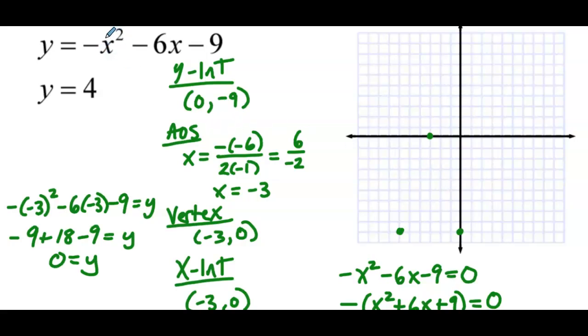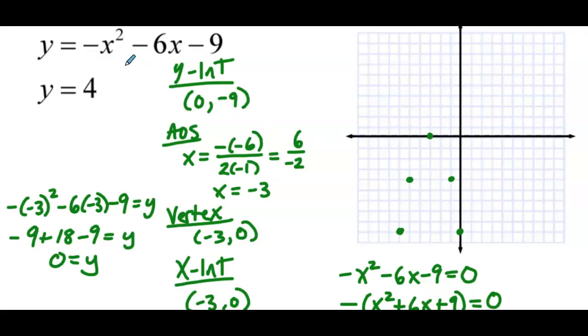So if we plug in negative 1, we'd have positive 1, but times negative 1, so we'd have negative 1, and then plus 6, which is 5, minus 9 is negative 4. That's 2 to the right of the axis of symmetry, so we'll go 2 to the left. We'll have the point negative 5, negative 4.